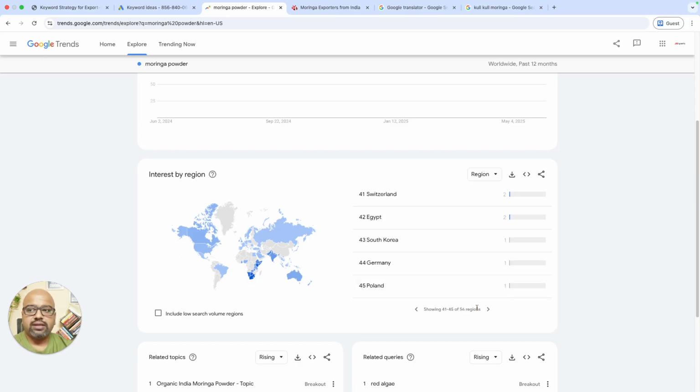Maybe, compliance-wise, you need to eliminate a few, or when you search for some countries, they may not pay much, or the GDP is not good enough, or there are language issues, or something could be there. But what I suggest is, Google helps you find the markets. Based on this information, you can go back and say, okay, let me check in my sales report, or we call it a shipment report.